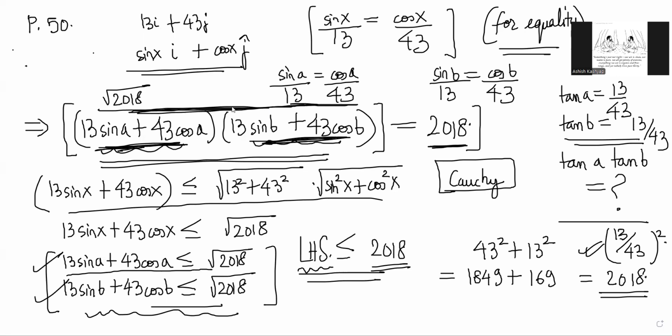If you forget about Cauchy's inequality also, you should realize that the maximum value of these expressions is this. So both must become maximum at the same time. Only then will you have equal to 2018. And for this to be equal to this, tan A must be 13 by 43. You can check that out. I hope everyone is understanding what I'm saying.